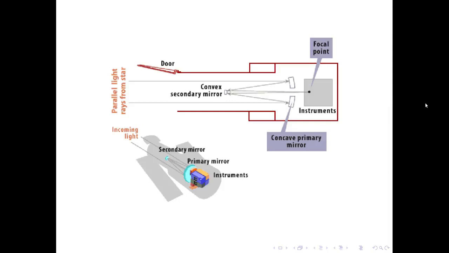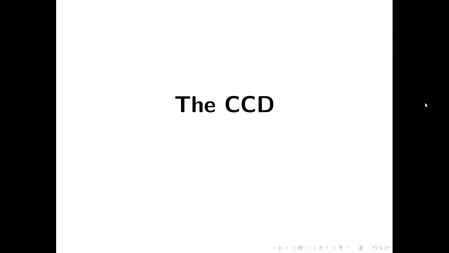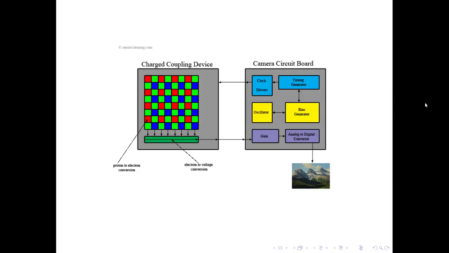Alright, let's move on. The CCD. So this is a CCD with a Bayer matrix in front. Besides that, the cameras that you are using in your phones, in your DSLRs, pretty much probably are CMOS chips and not CCDs. There are some basic differences.